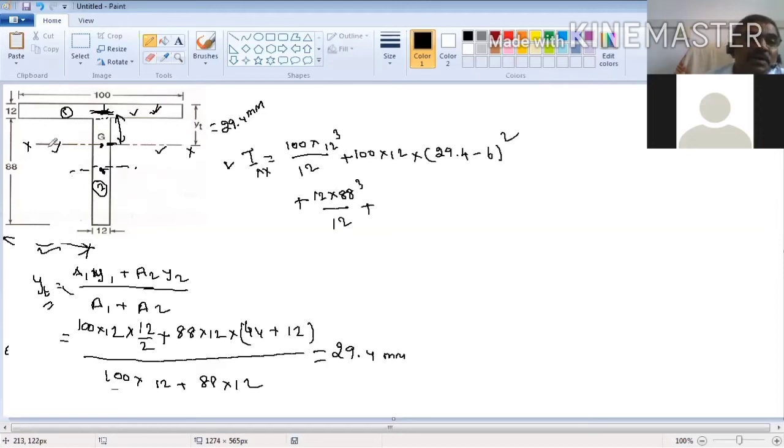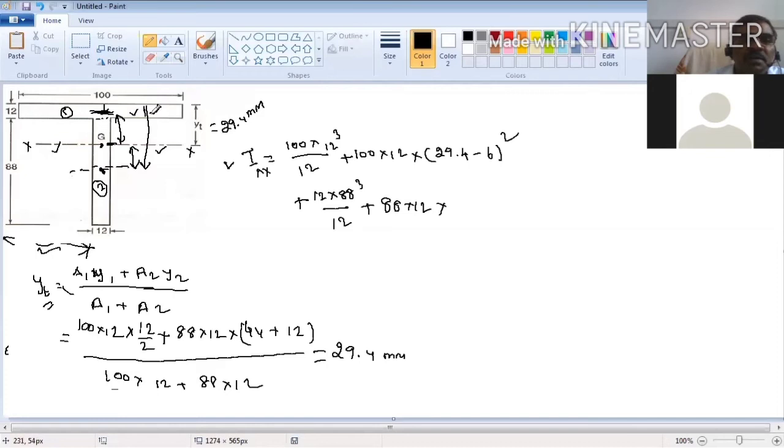But we want the moment of inertia about the combined center of gravity. Then you have to use the parallel axis theorem. The parallel axis theorem means you have to put area into y square. What is the area? 88 into 12. What is y? This distance is y. How to calculate this distance? We know this is 29.4.